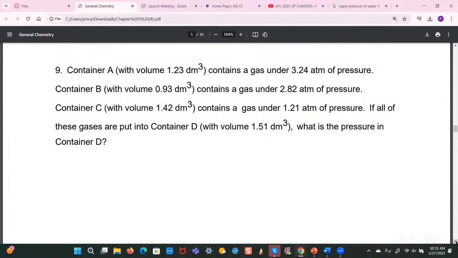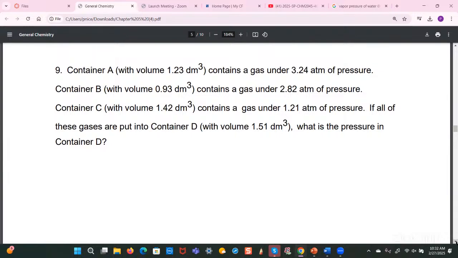So now that we have covered Dalton's law, you know that Dalton's law is one of the equations that you use in order to solve this problem, because basically you just have to add up all the pressures. But the question now becomes, how do you get the pressures? And that brings us to the question I have to ask you, what equation comes to mind when it comes to changing pressures and volumes?